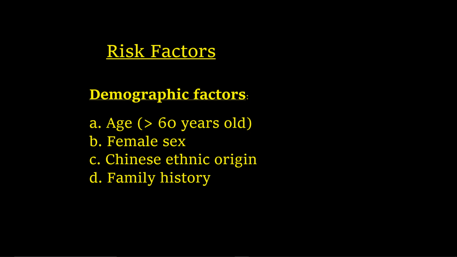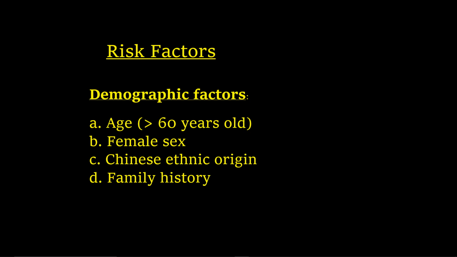Now what are the risk factors? Number one, with increasing age there are more chances. Then it is more common in females and in Chinese ethnic origin. Why? Because in females, as compared to males, the height and size of their structures are smaller. The size of the eyeball is smaller.